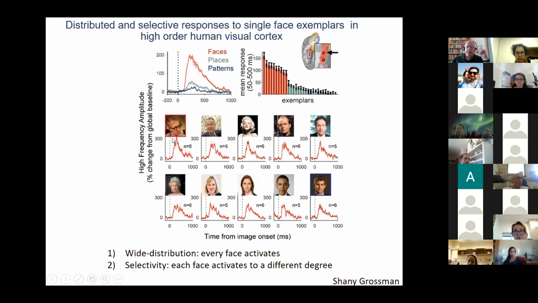However, and I think you can notice it too, the activation is not identical across all faces. Some faces in this contact, Woody Allen, produce much higher activation than, let's say, Barack Obama in this case. So we have a selectivity profile, despite the distributed representation, in which different faces activate to a different degree.